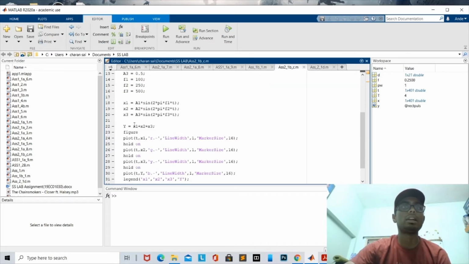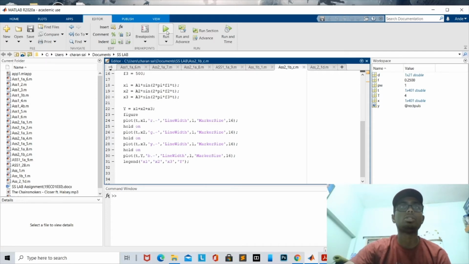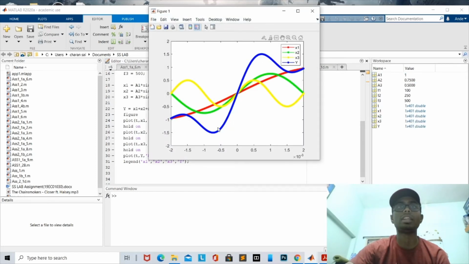So how I'm adding is I'm just using y is equal to x1 plus x2 plus x3, and I'm plotting the graph using plot. Here come the graphs, and the red one represents x1, green one represents x2, yellow one represents x3, and blue one represents y, which is the addition of x1, x2 and x3.